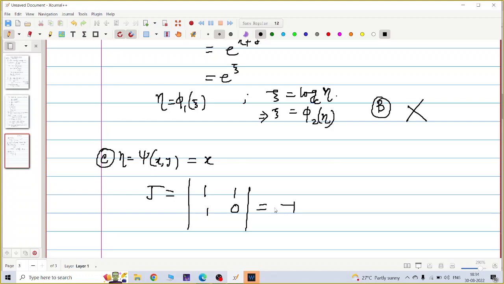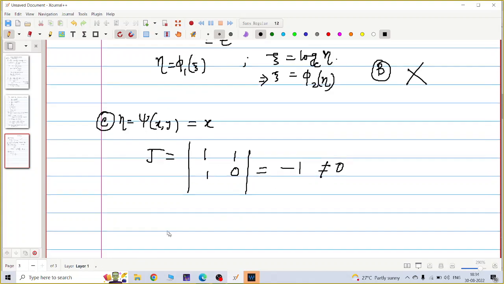Minus 1. So minus 1 is non-zero, so xi and eta are functionally independent. So option C is also correct.